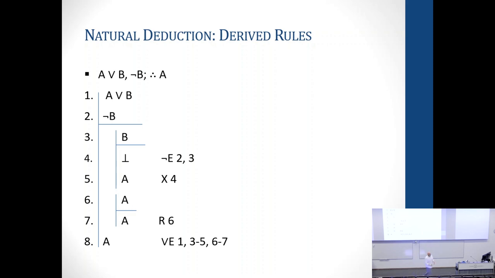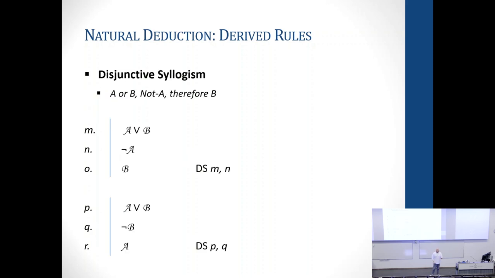Okay, now all of this is to get us to a derived rule, because whenever you have this sort of structure, you can do this chain of reasoning. If you have a disjunction and the negation of one of the disjuncts, you can derive the other disjunct. Thus, our next derived rule, disjunctive syllogism.